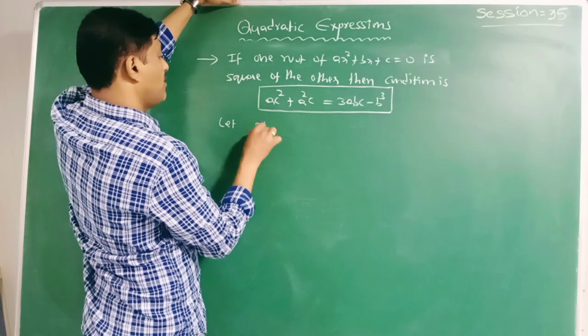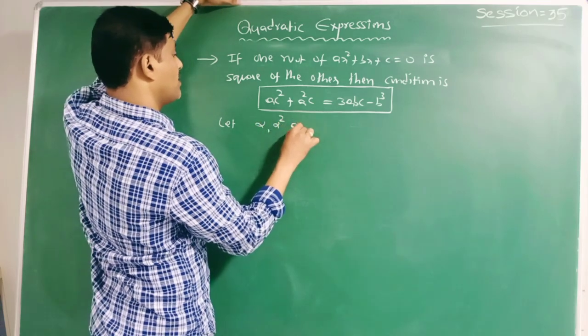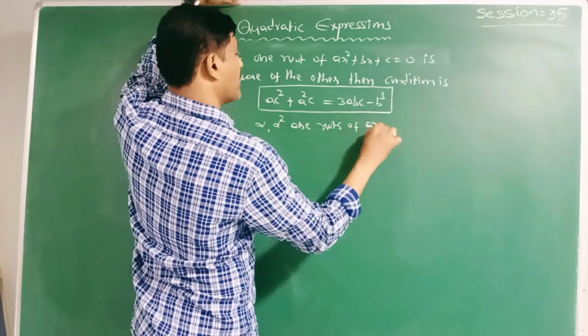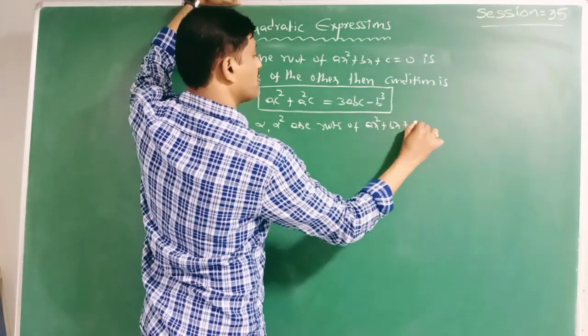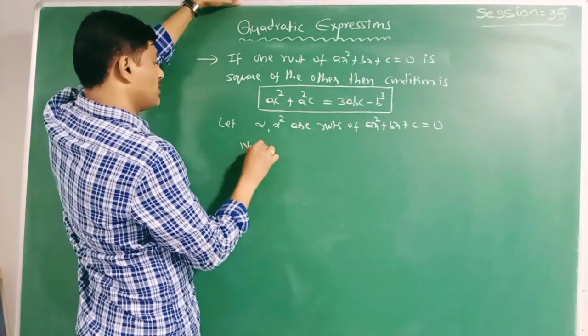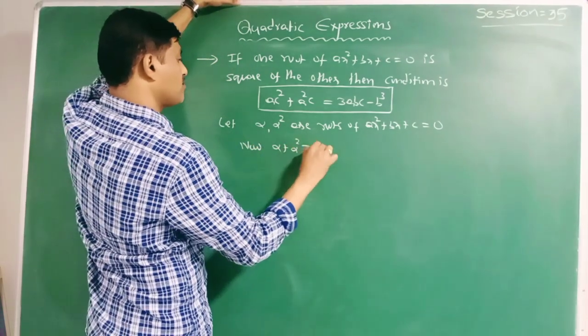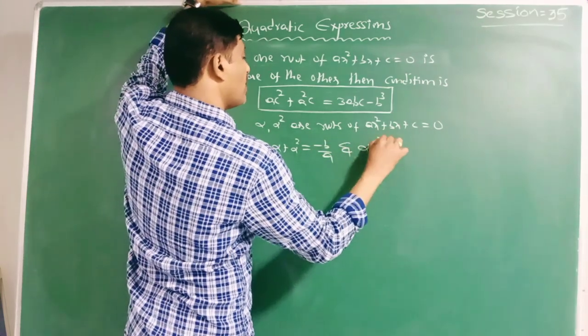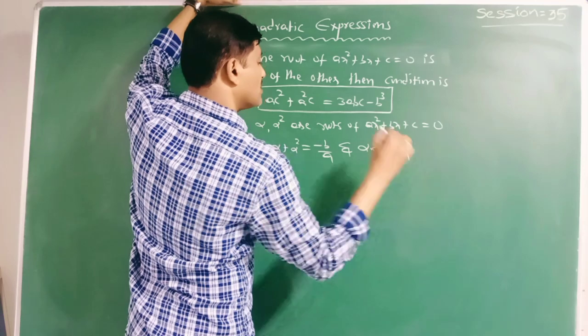Let alpha and alpha square be the roots of ax square plus bx plus c is equal to 0. Now sum of the roots we have to find. Alpha plus alpha square is minus b by a, and alpha into alpha square is c by a.